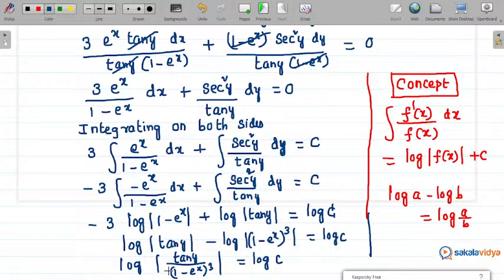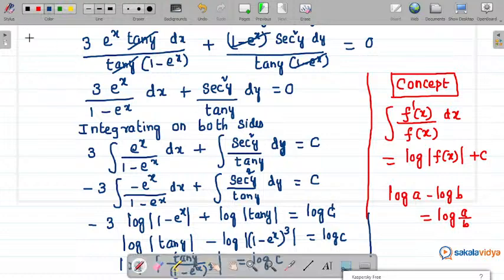Both sides have log, so log of this function is equal to log of this function, which means this function must be equal to c. That means tan y by 1 minus e power x whole cube is equal to c.